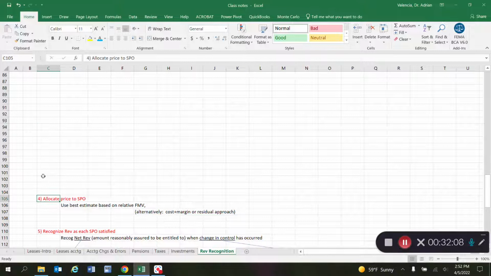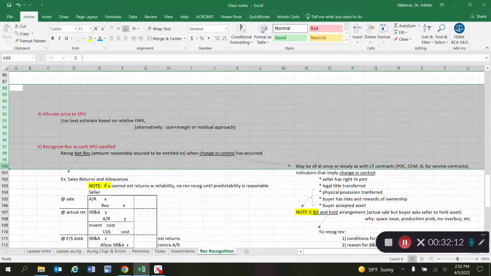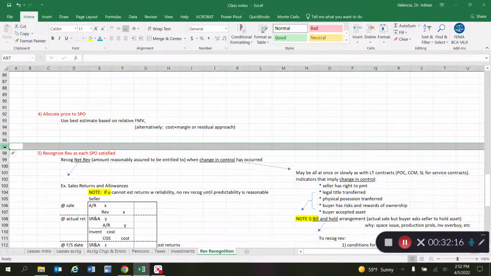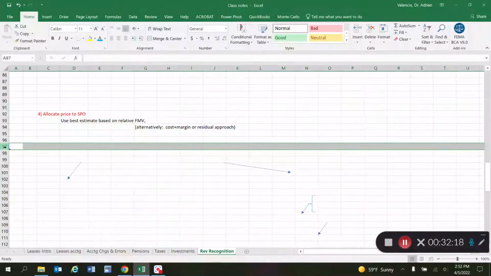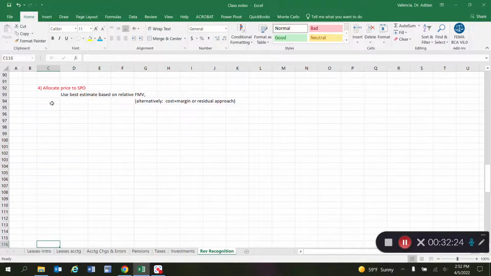And I'm just going to quickly say that with this, like with anything in accounting, we can use different approaches to allocate, to estimate any value, okay? And as long as it's systematic and rational and we are consistently using it, then that's fine.